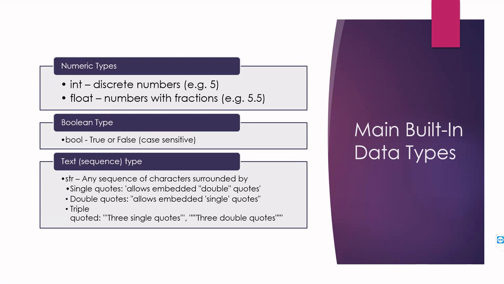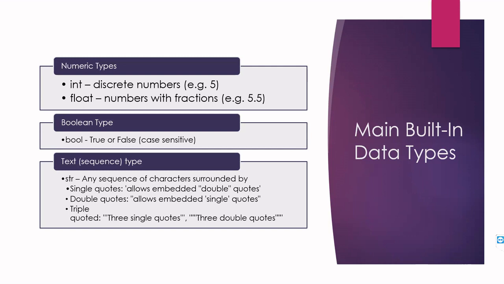And then there's the string. str is the name of the type, and its values would be any sequence of characters surrounded by either single quotes or double quotes, which we are familiar with, right? But then there is a three-quoted string. I don't know if you can see that.